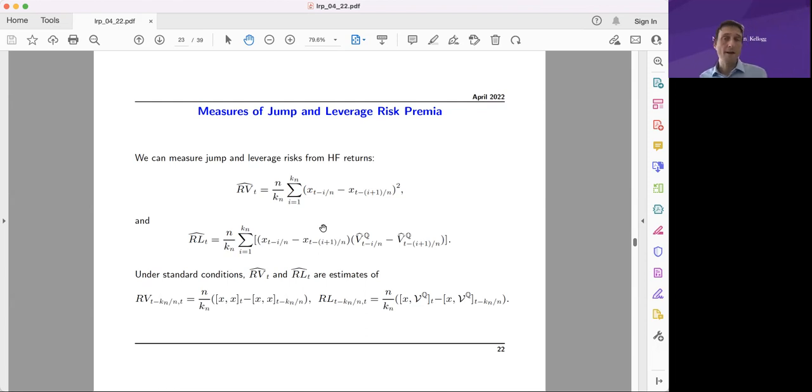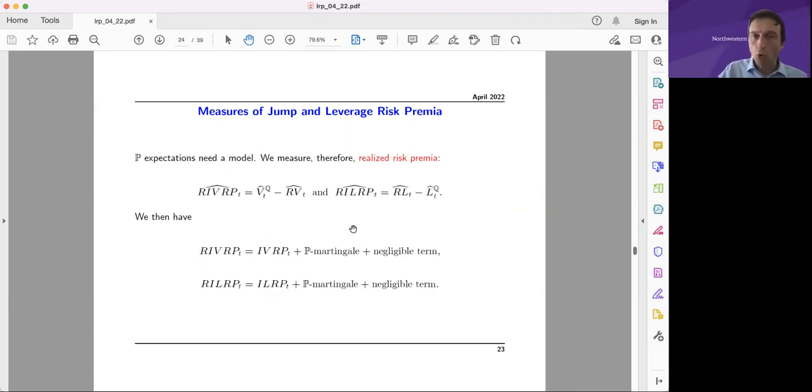Now we have our risk neutral variance measures, so think of it here using VIX and the S&P 500 index, and you just calculate the sample covariance, and that's basically your realized leverage estimate. And so we are ready to go with that.